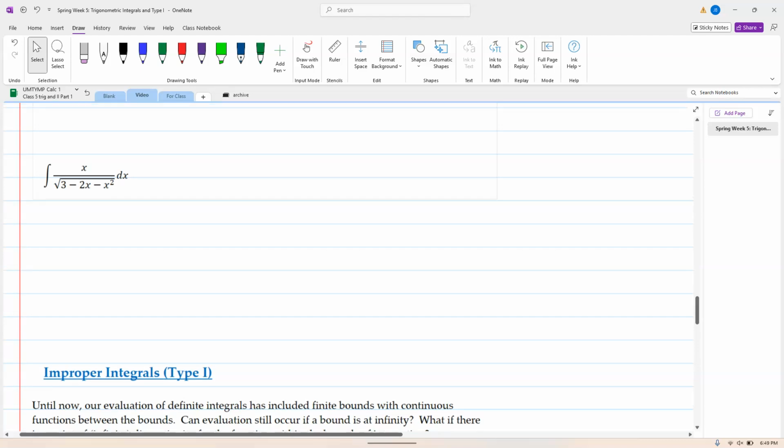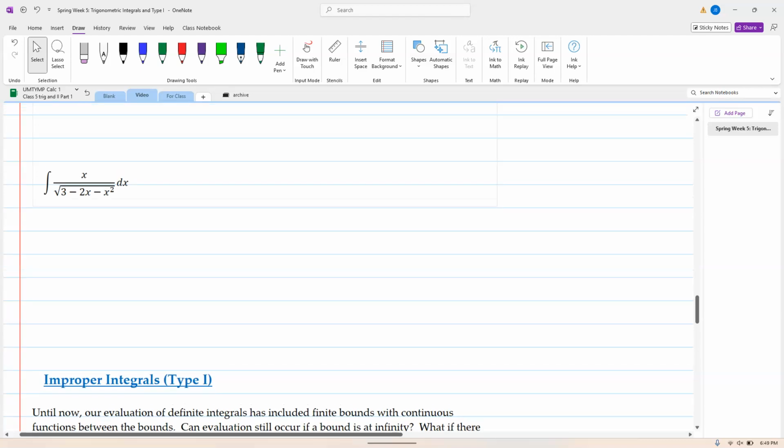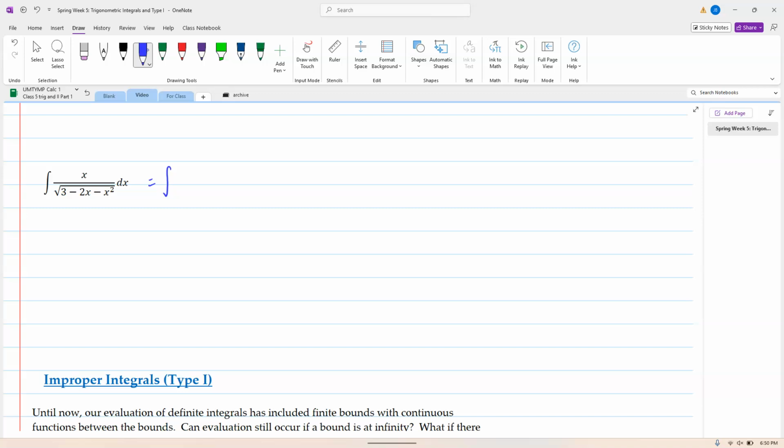All right, next one is something that doesn't look incredibly helpful right now, but maybe we can do a little bit of playing with it. In particular, if we rearrange it, so integral x over square root, pull a negative out, x squared plus 2x minus 3 all dx.